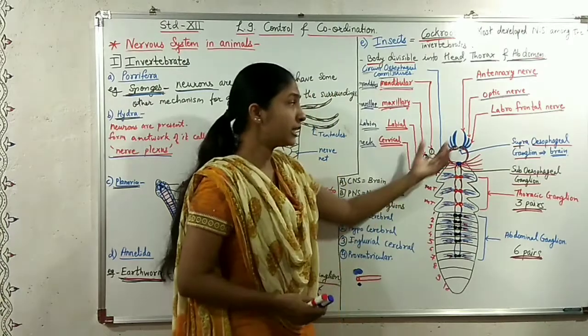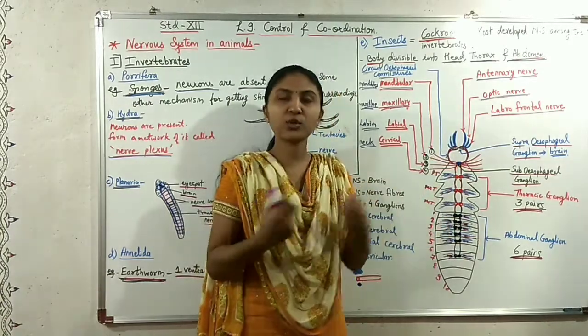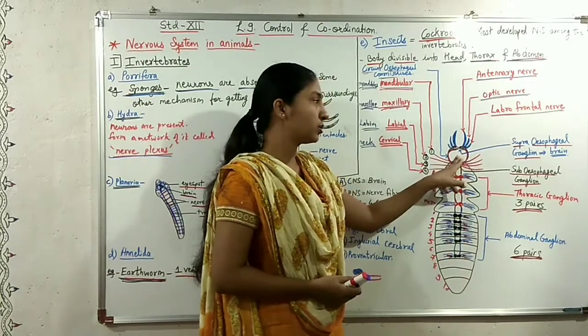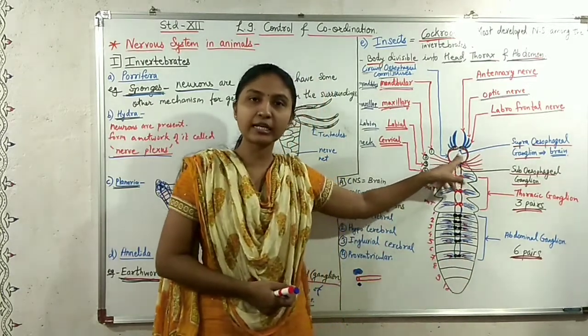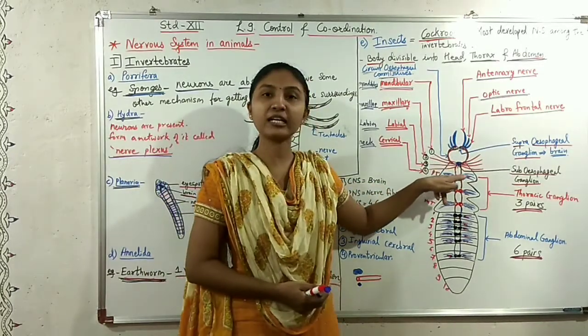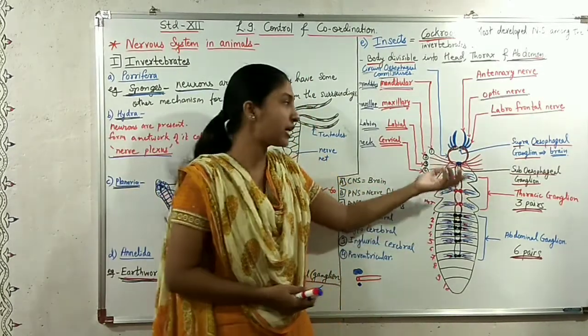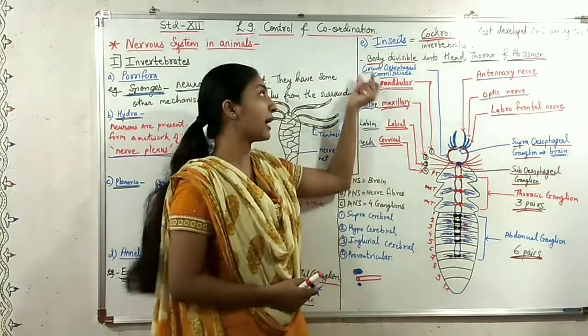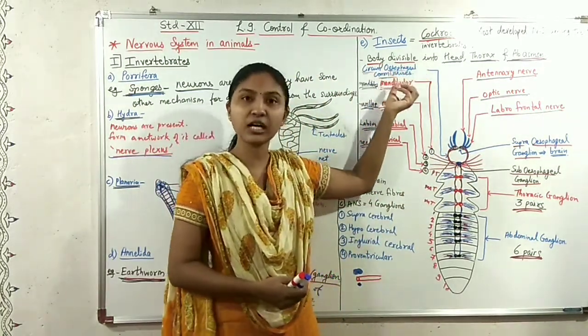So in this way, the situation of the ganglions in the body of the cockroach is: the supraesophageal ganglion is situated above the esophagus, the subesophageal ganglion is situated below the esophagus, and both of them are connected by the commissures called circumesophageal commissures.